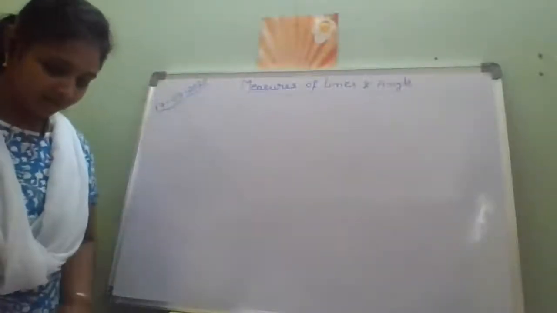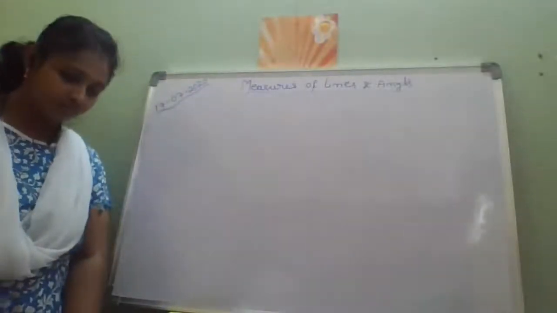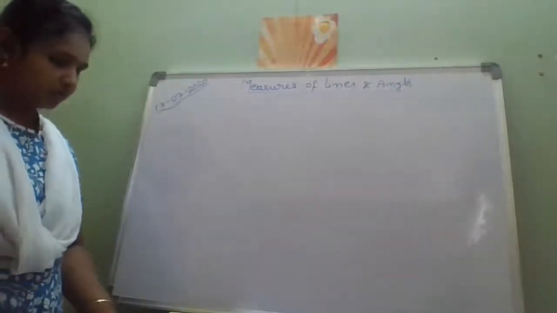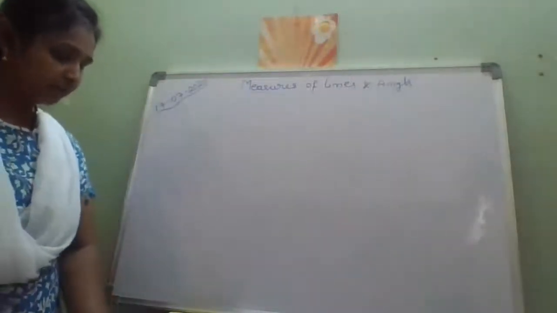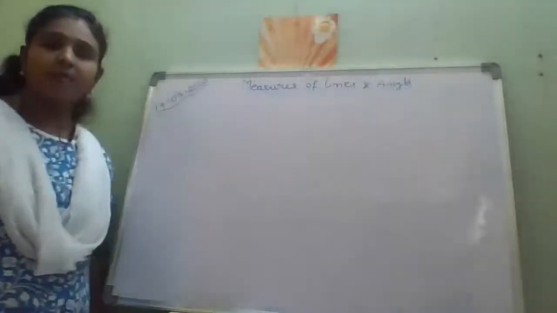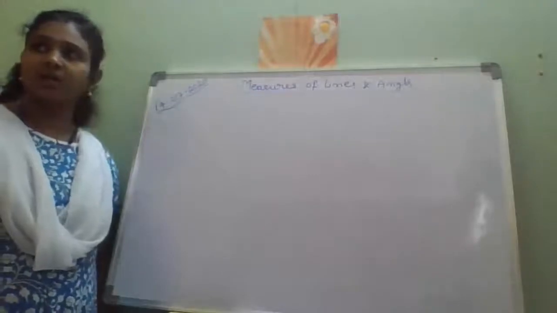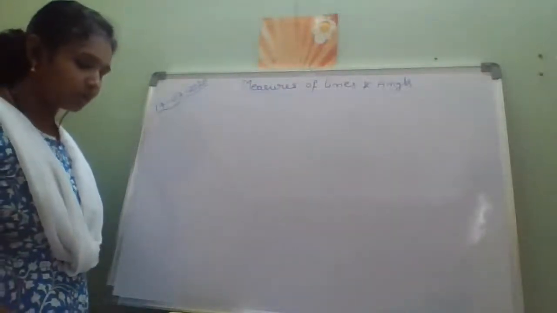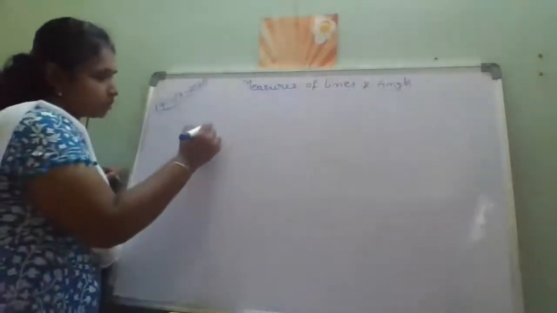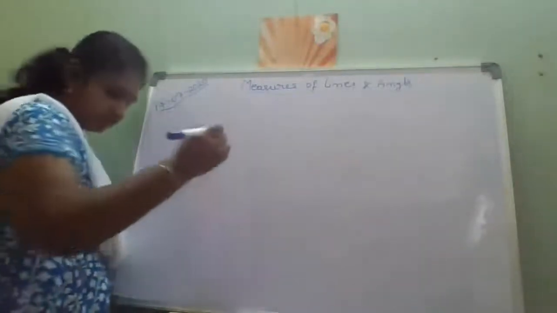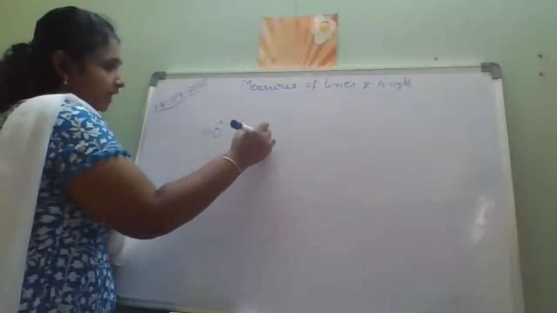So next, I will give some angles. Classify each angle as acute, right, obtuse, straight or reflex. So 40 degrees, 140 degrees.